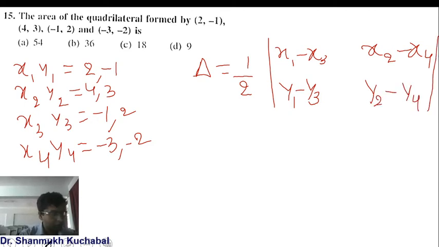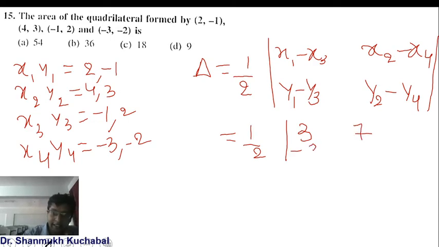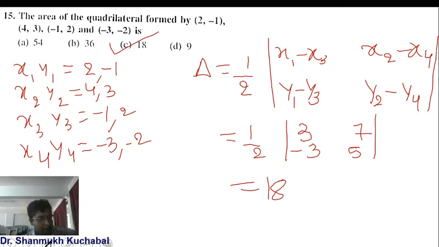Substitute the values: 1 by 2, we get 3, 7, -3 and 5. Now we have to expand this and divide it by 2. We get the answer as 18. Therefore clearly option C is the right answer.